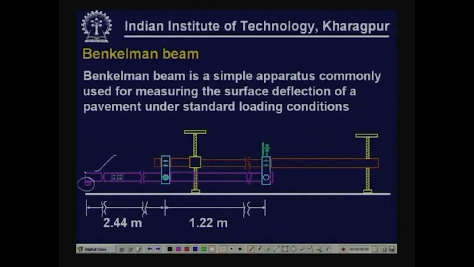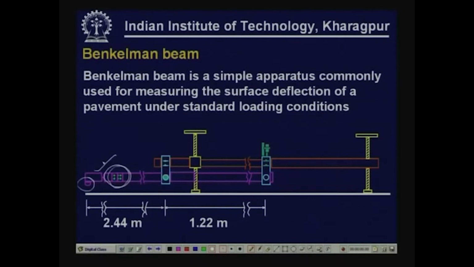As you can see here, since it is very long, its extended portion is connected here by nuts and bolts. So, it can be dismantled for ease of carrying and conveyance, and carried in two different parts, but when we actually use it for deflection measurement, we connect them together. So, the full length of the beam is attained.